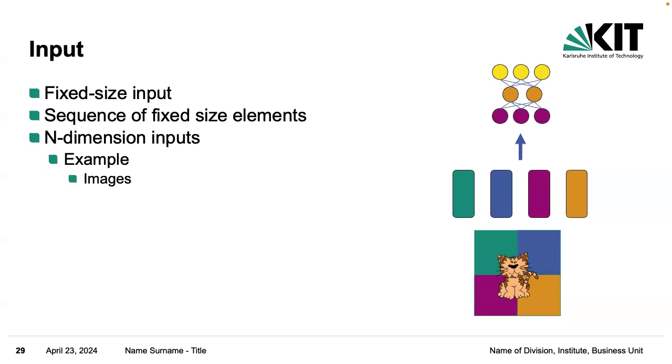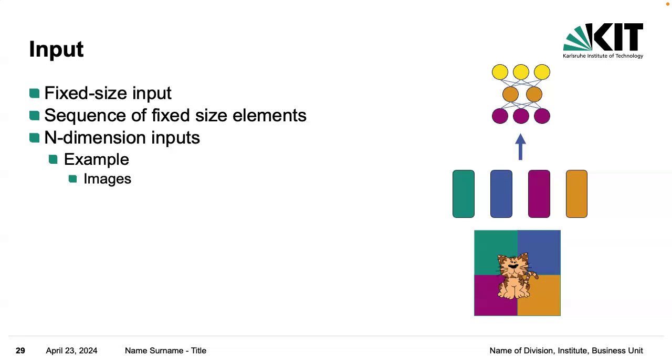However, if you just linearize, you might lose information, because now the relation between green and blue is exactly the same as the relation between blue and red, which is not the case. Blue and green are next to each other, while blue and red are diagonal. And this is important information, which you should understand.